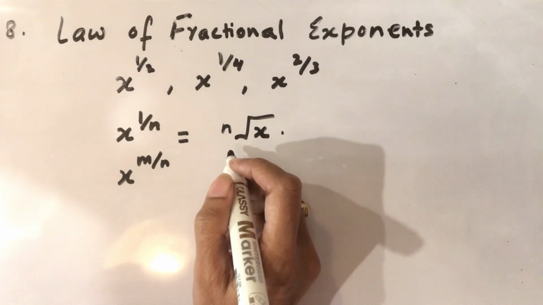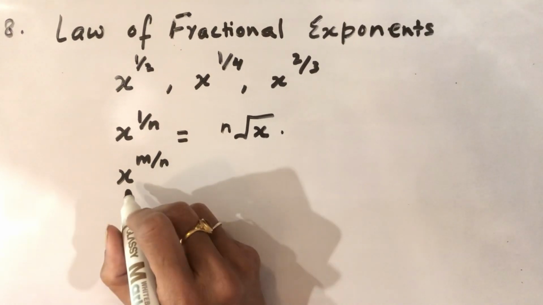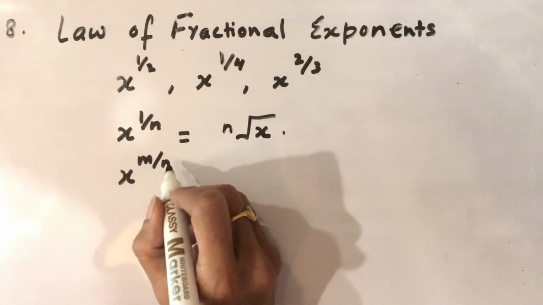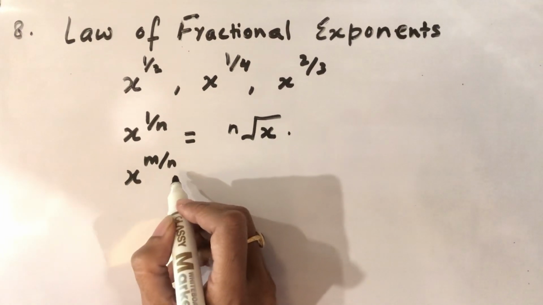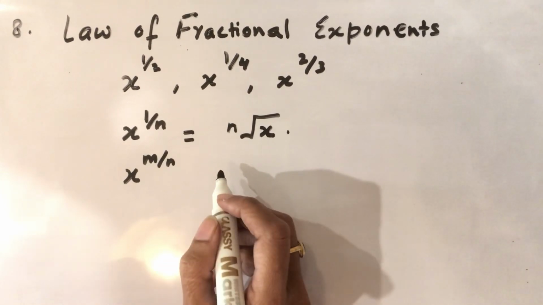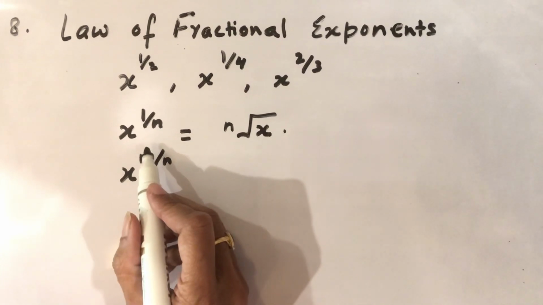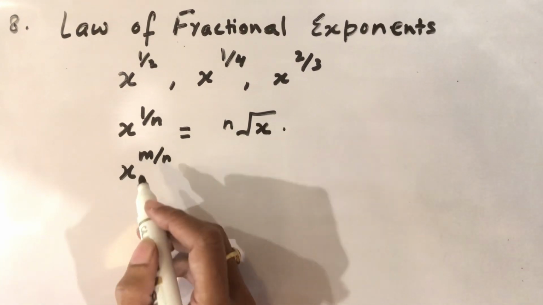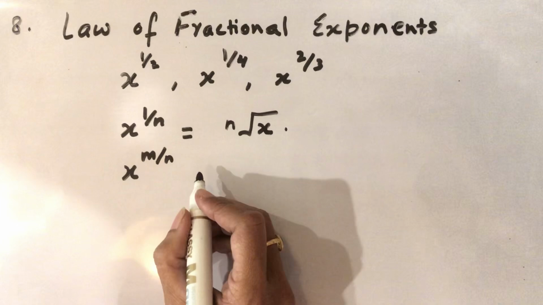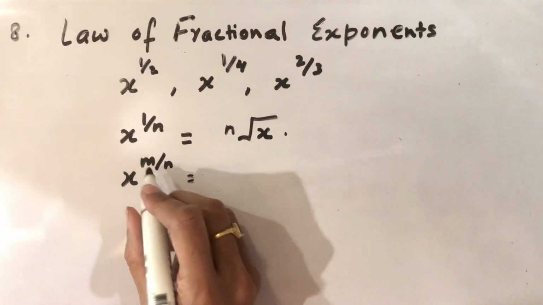Here the base has fractional exponent m upon n. The fraction m upon n can be broken into two parts, the whole number part which is m and the fraction part which is 1 over n.